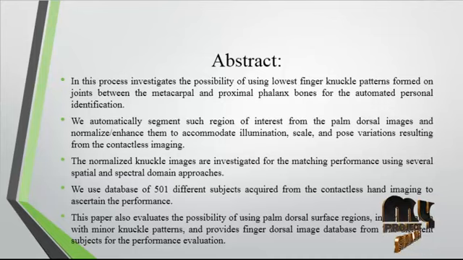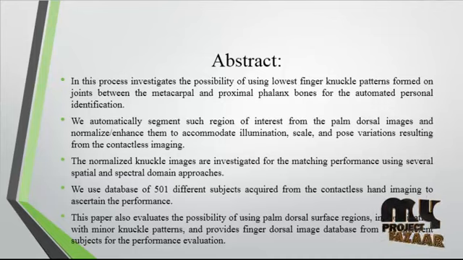This paper investigates the possibility of using the lowest finger knuckle patterns formed on the joints between the metacarpal and the proximal phalanx bones for automated personal identification. We automatically segment such regions of interest, that is the ROI, from the palm dorsal images, normalize them, and enhance them to accommodate illumination scales and pose invariance resulting from contactless imaging.